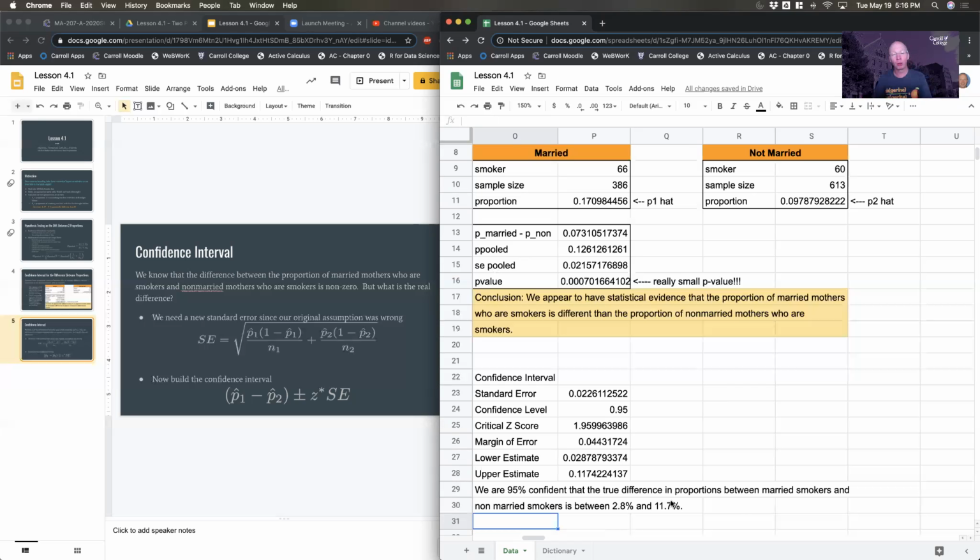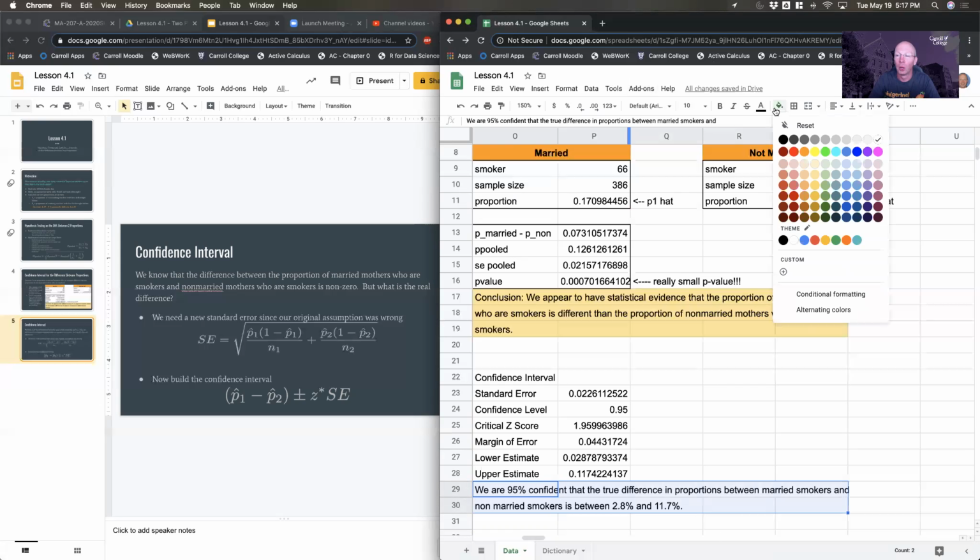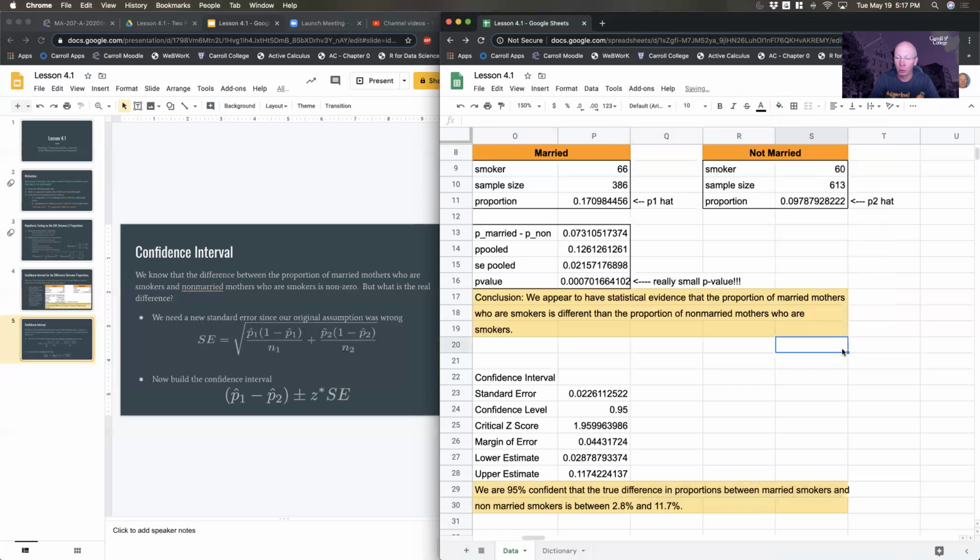Because remember, with a confidence interval, you never just want to say one answer because that's absurd. You know that it's not just 7.3%. It's between something a little less than 7% and something a little more than 7%. And that's the sort of thing that a confidence interval does for you. So if you need to, go ahead and rewatch this video, and then we're going to build one more confidence interval.